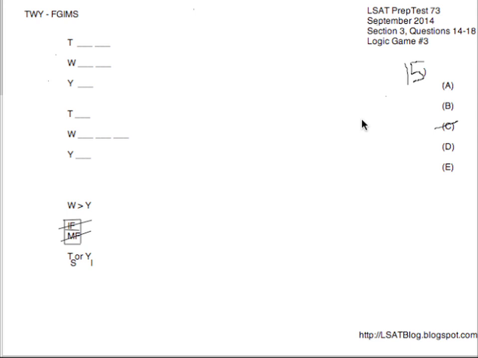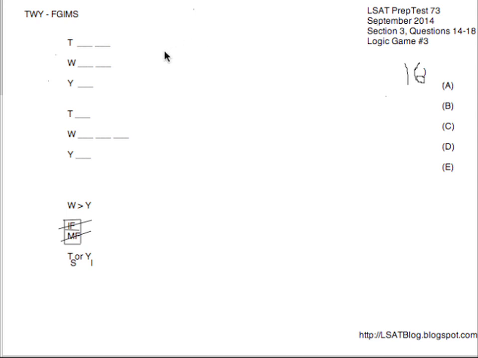So meaning that if T does not have S, it could not possibly have I, because if T didn't have S, then Y would have to have I. So T can never lack S, yet still have I. And so scanning through the choices, we see in choice D that T has I but does not have S. That's unacceptable, and if D were true, that would violate the third rule, so T could not have both I and M. So for that reason, D is our answer to number 15.